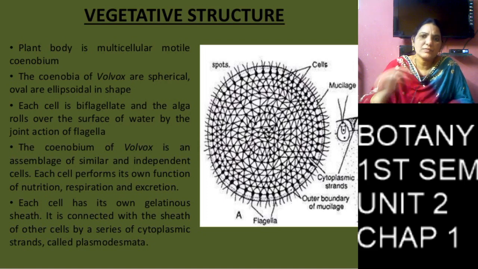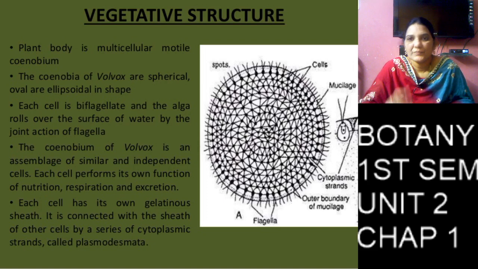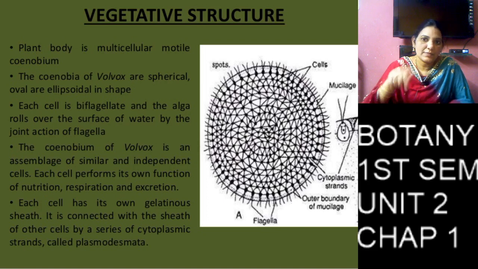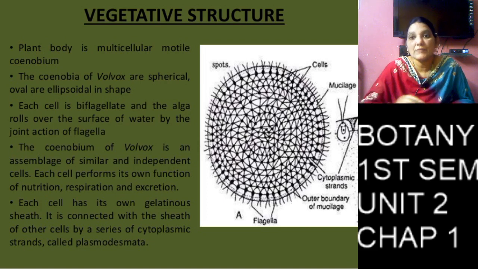The cells are attached with each other with the help of plasmodesmata. In the middle, the gap spaces are filled with water or mucilage.